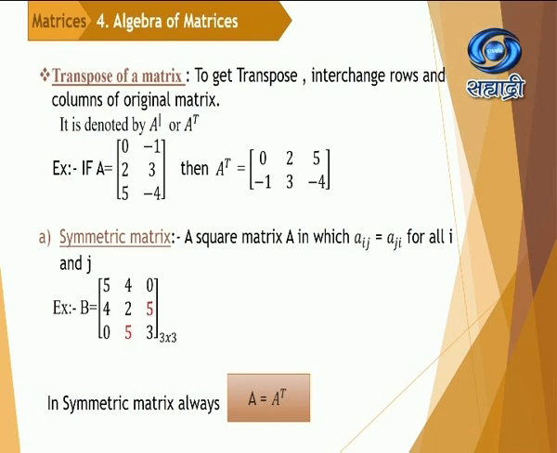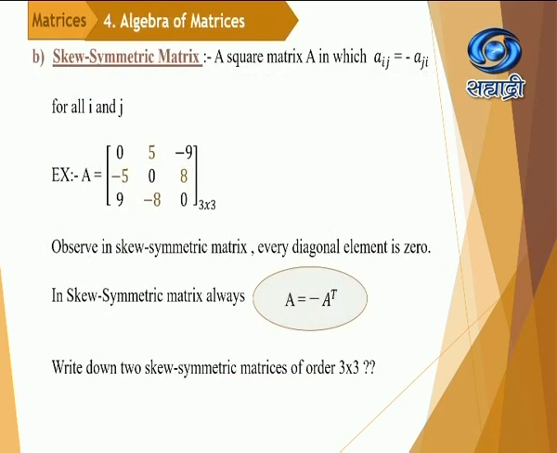Here you can easily locate element 5 in the second row, the position is a23. Then a32 is nothing but 5 again. So here opposite position elements are equal. In a symmetric matrix always A equal to A transpose. If we find B transpose for this matrix, check whether equality holds or not.